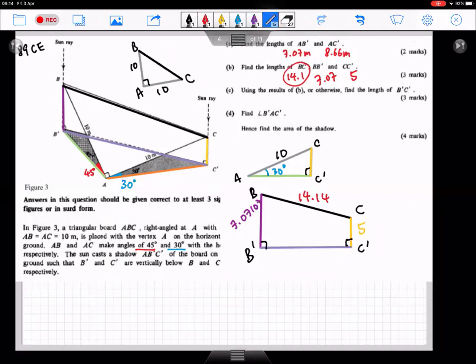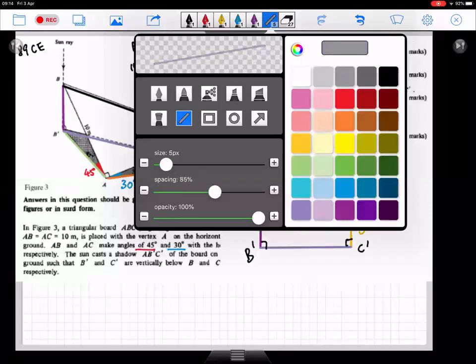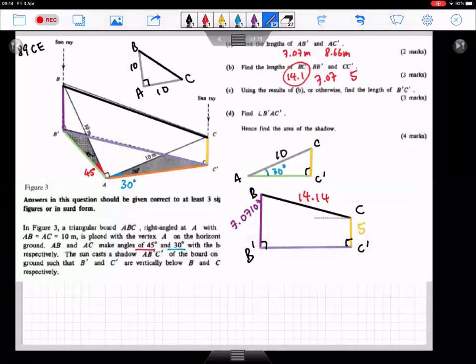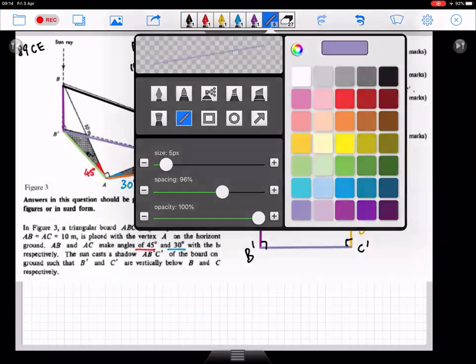Now the proper way to do that is to split the trapezium into a rectangle and a right angle triangle. That is the proper way to do that. If you split it here, so that there is a rectangle, we know that in the rectangle, the two baselines have the same length.